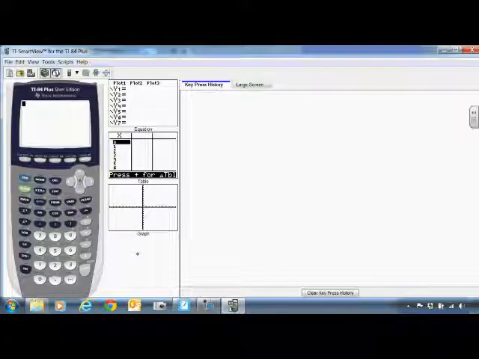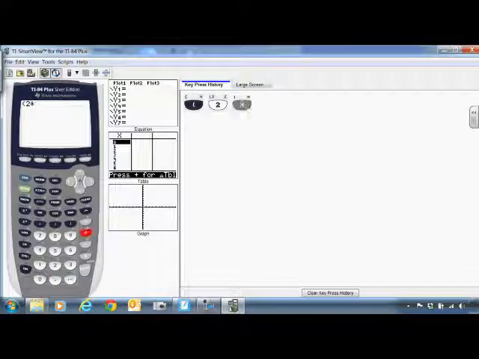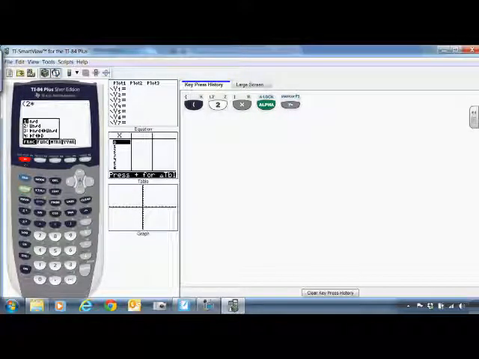In our calculator, we want to use parentheses to help us, and we want to start with that whole line. So parentheses, 2 times my length, which was 3 1/2. Now you could convert 3 1/2 to a decimal, but just to show you that we can do this with fractions or mixed numbers, we're going to do that. To get to fractions, you do alpha y equals, and this was a mixed number, so we want to choose option 2.